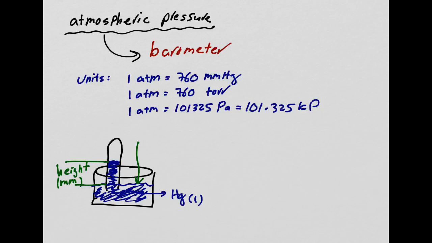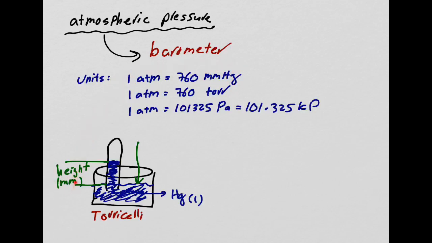Now, who was the guy who came up with this? Torricelli was the guy who came up with this. Okay. Now, this is really cool because, come back over here. We said 1 atm is 760 millimeters of mercury. What does millimeters of mercury mean?